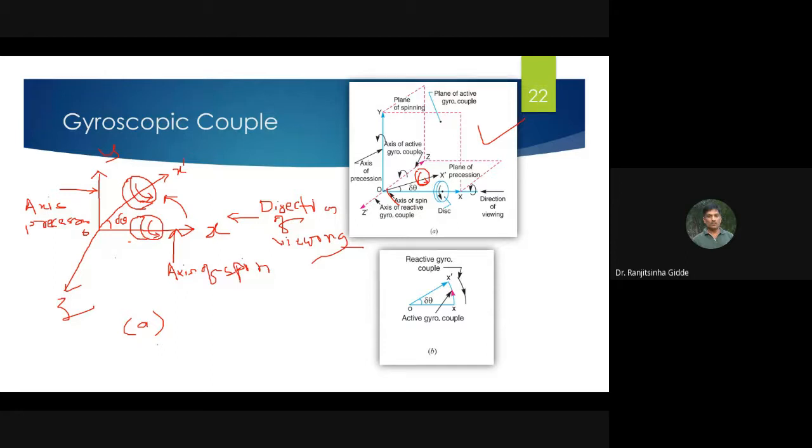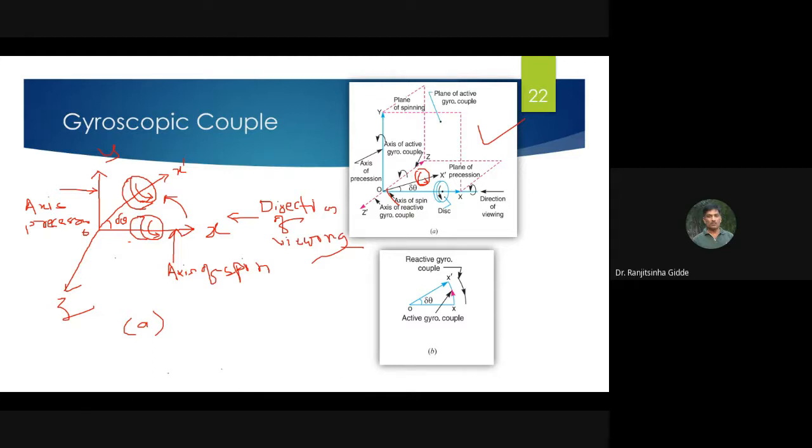Next line, assuming angular velocity omega constant, the angular momentum is represented by OX prime, as shown in figure B.